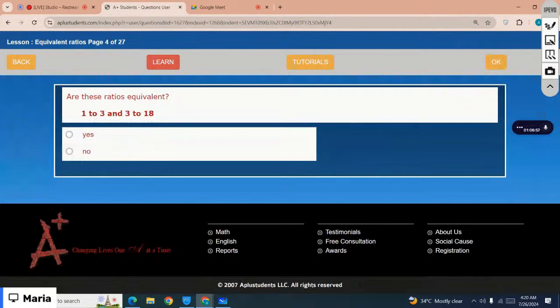The next one is this. Are these ratios equivalent? 1 to 3 and 3 to 18.